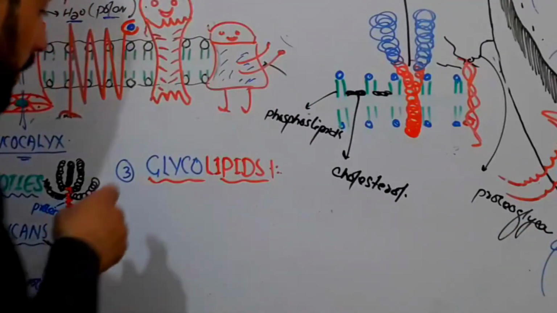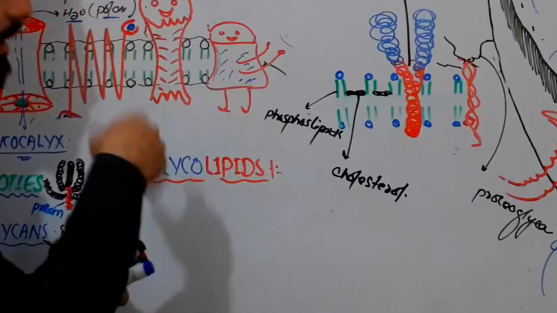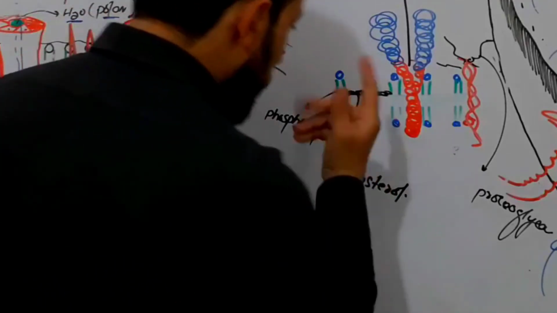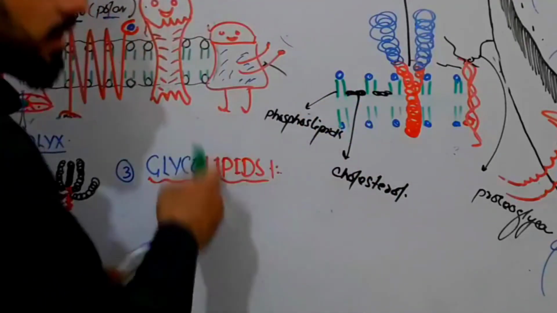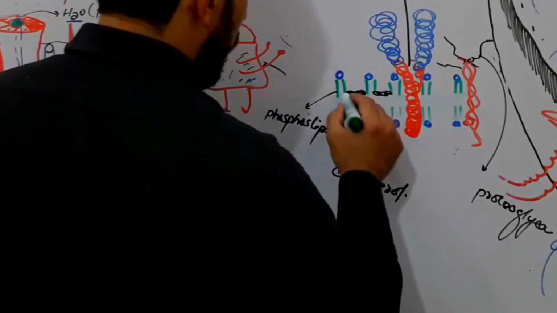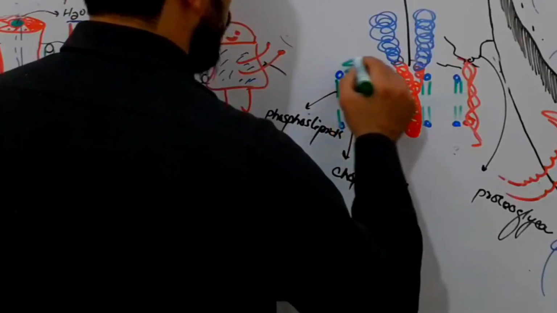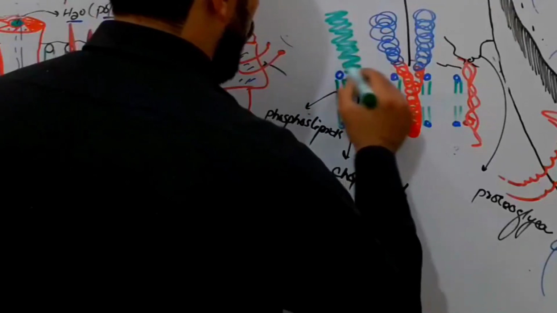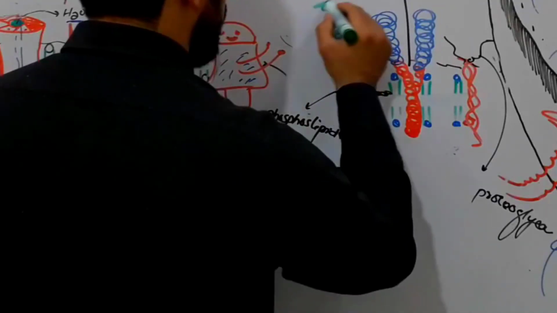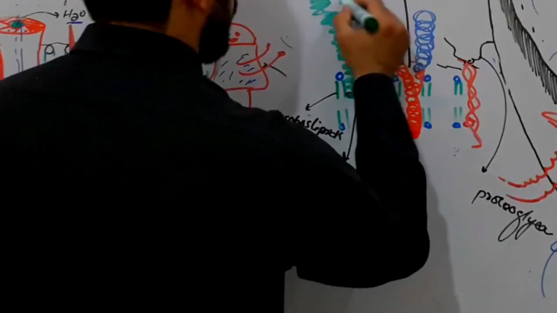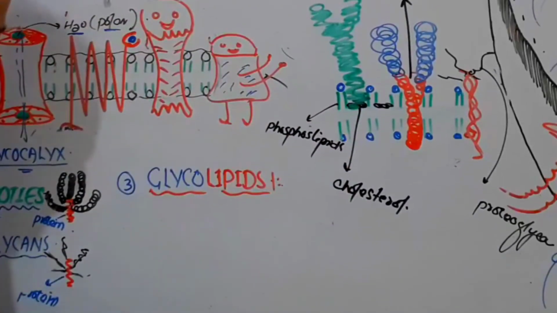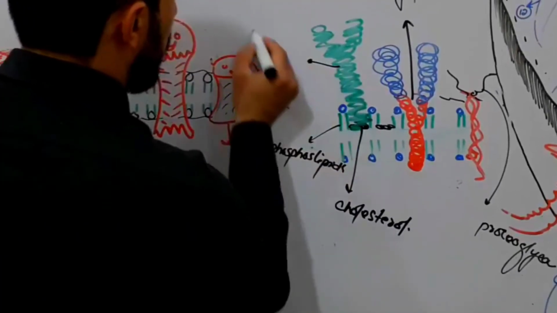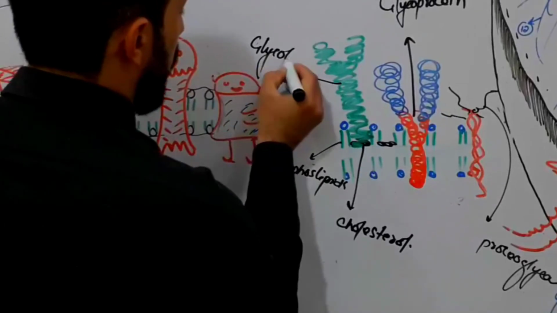And when the carbohydrate is attached with lipids, we call them glycolipids. So what is this molecule? This is our glycolipid.